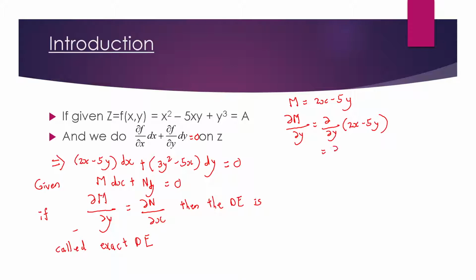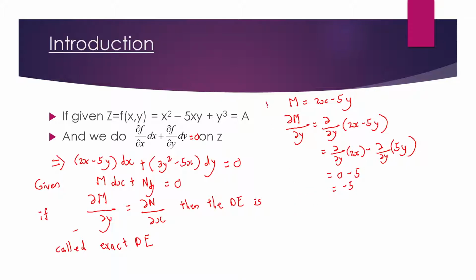You can do it as del y of 2x minus del y of 5y. So del y of 2x will be 0, and del y of 5y, you will get 5. So the answer is negative 5.